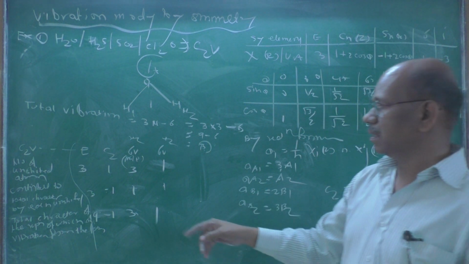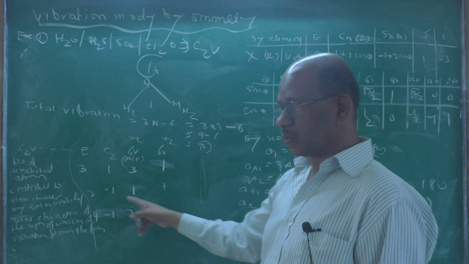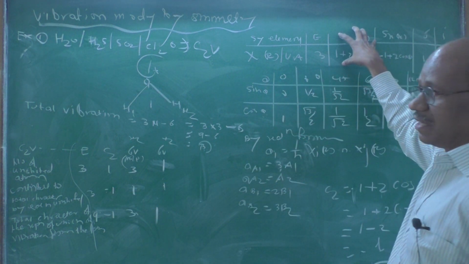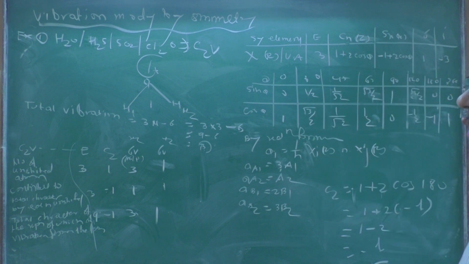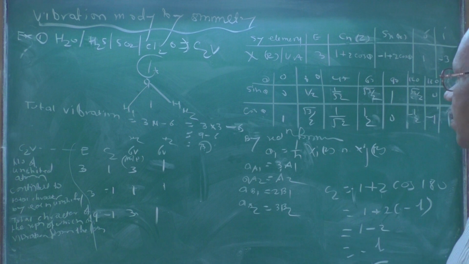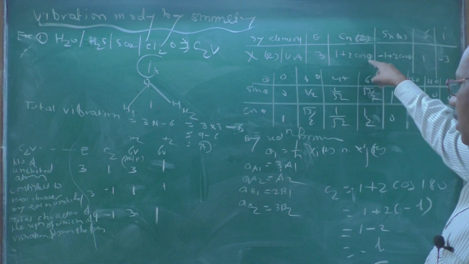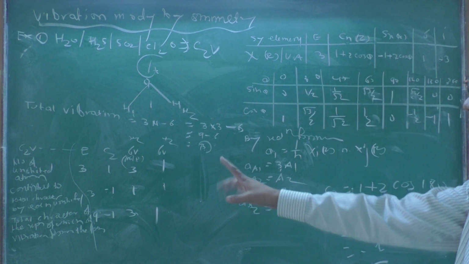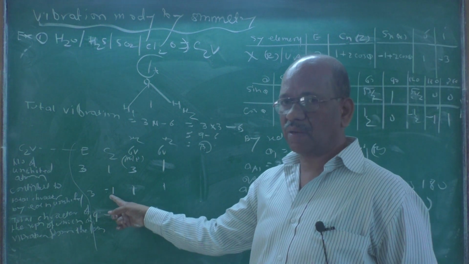So why do I use this concept? For the contribution to total character by each unshifted atom. I substitute the angle and solve the equation, and we get this value. So I think you understand minus 1.